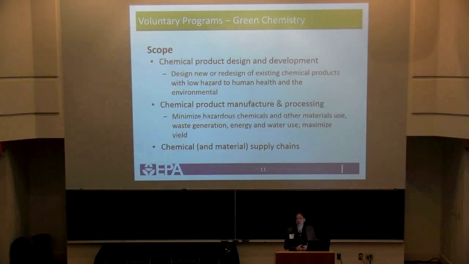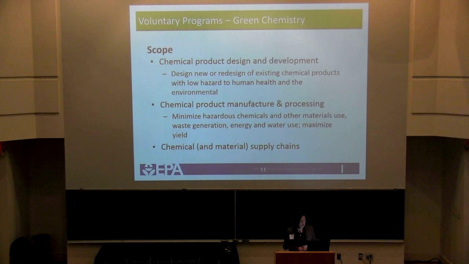This also can include making chemicals either more recyclable or having them be biodegradable once their useful lifetime is up. So there's a number of different aspects that we do look at to try to improve on actual chemical products. And again, very much upfront, looking at it at the design stage so that you don't create those downstream problems later on.